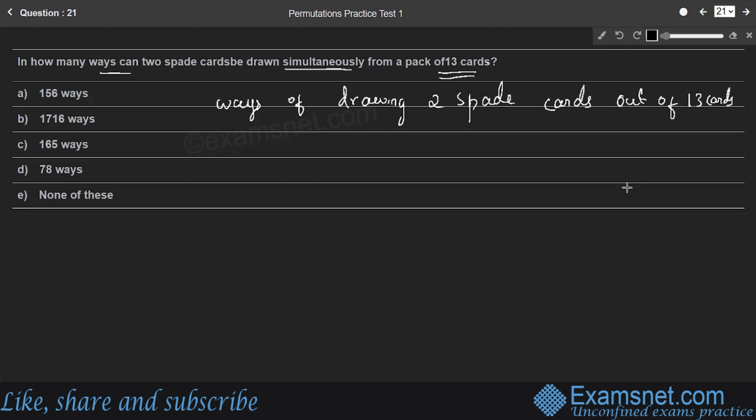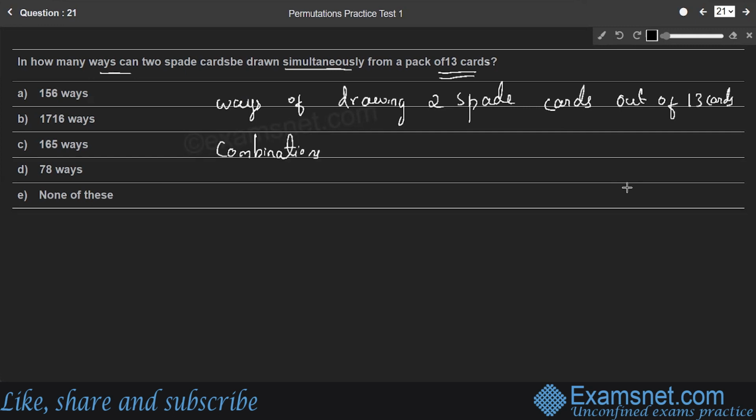So it's about combinations. It is not talking about the order. So we should not choose or draw 2 spade cards in a particular order. Therefore, the question is based on combinations.